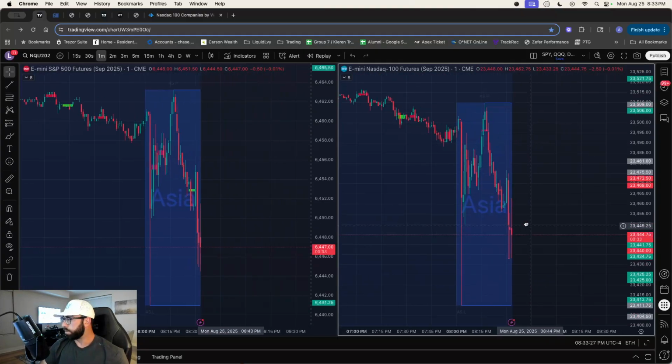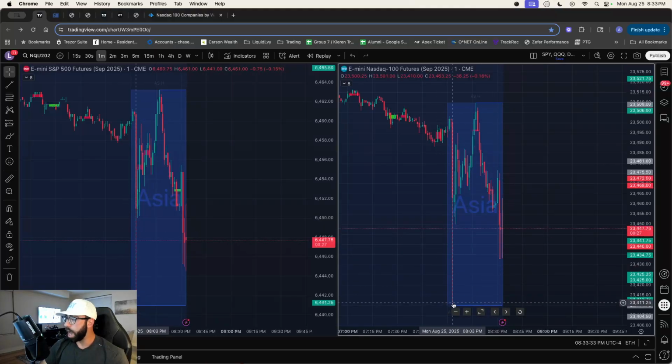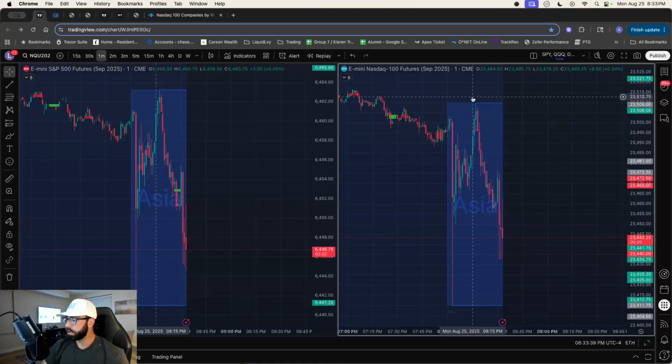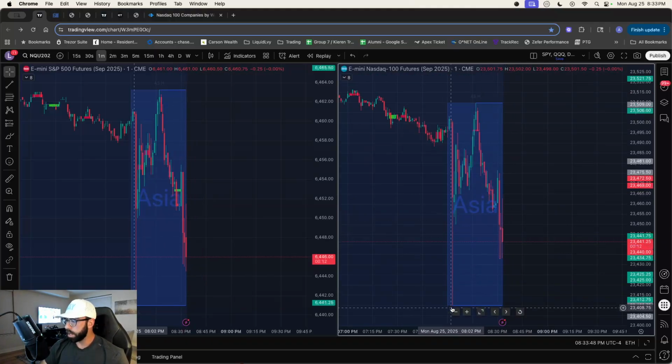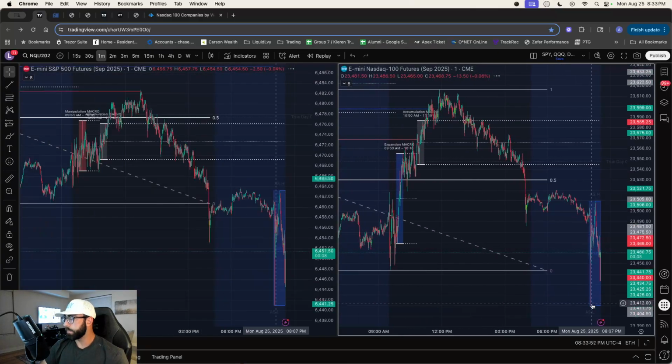So what's probably going to happen is price currently, we're looking at it right now, it's going to come down, sweep the sell side IRL, internal resting liquidity. That's called IRL. ERL is external resting liquidity. Price wants to move typically from IRL to ERL to IRL to ERL. But price is going to come down here, take this out, and it's going to deliver from here.